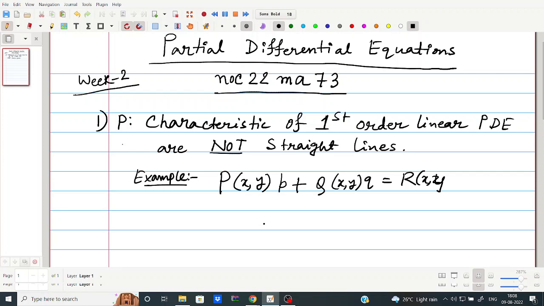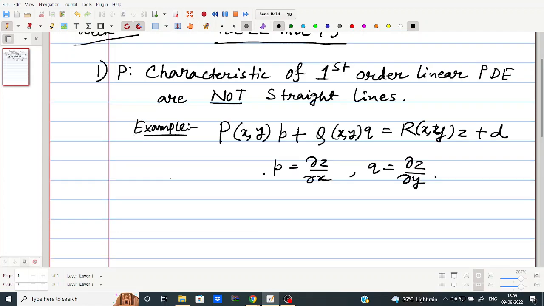So this is the first order linear PDE. Now I will give an example where I take capital P, a function of x and y, as x, and capital Q, also a function of x and y, as 1. I took r also as 1 and d equal to 0, to show that the characteristics of this particular linear PDE are not straight lines.